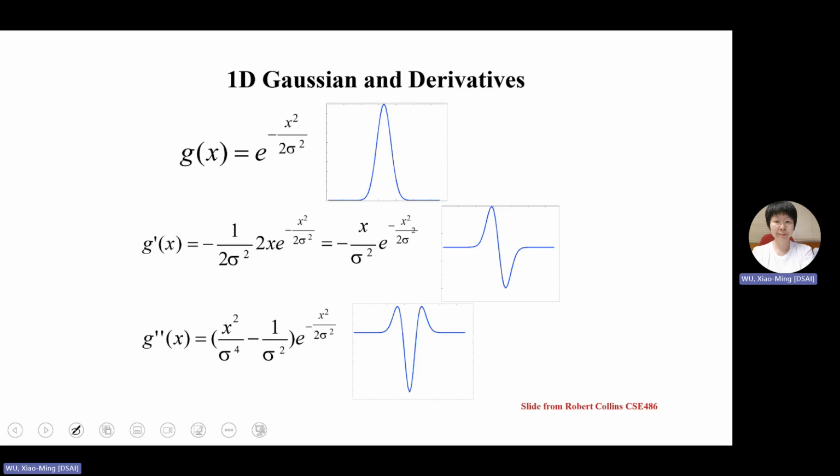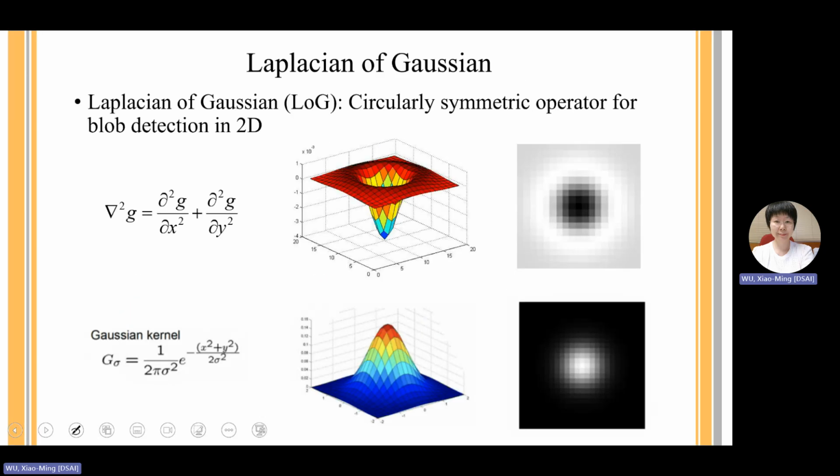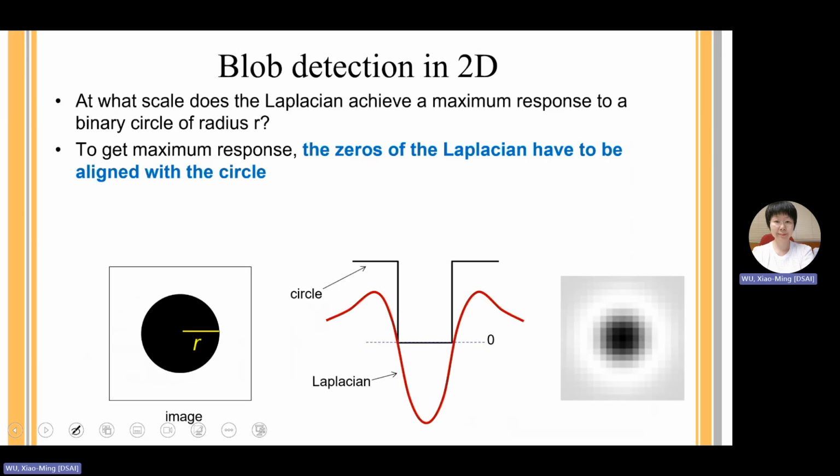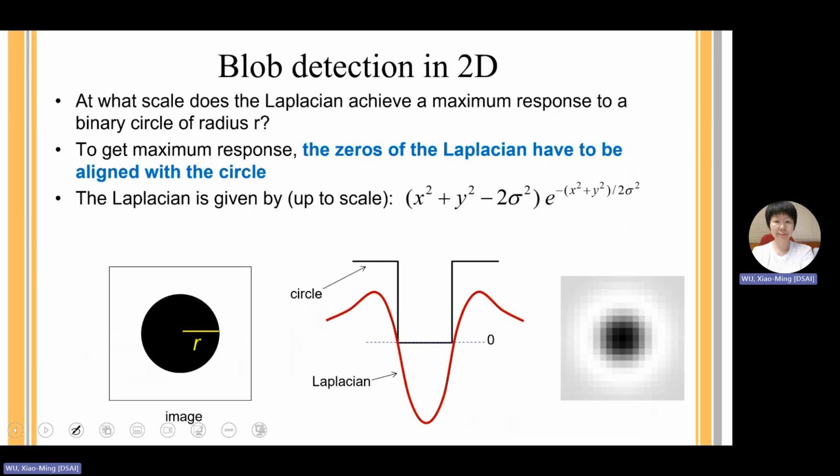For example, this is the Gaussian function. This is the first order derivative of the Gaussian function and the second order derivative of the Gaussian function. You may notice the second order derivative of the Gaussian function, what does it look like? It looks very much like this.